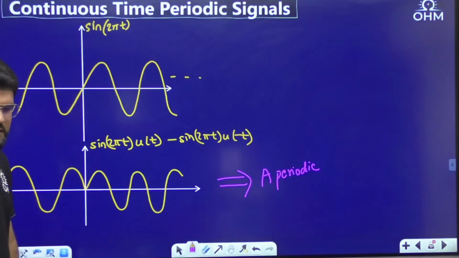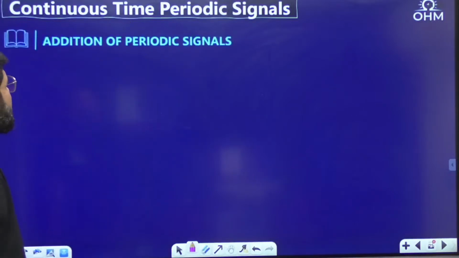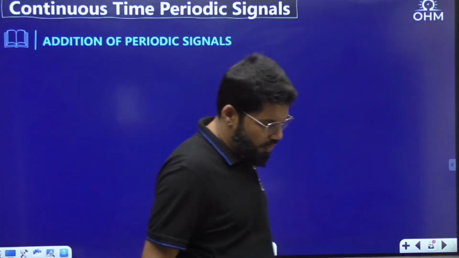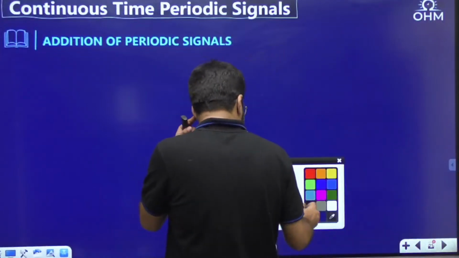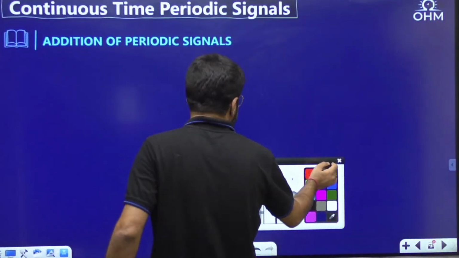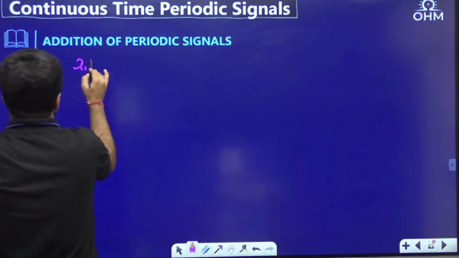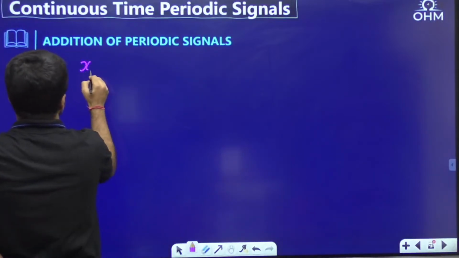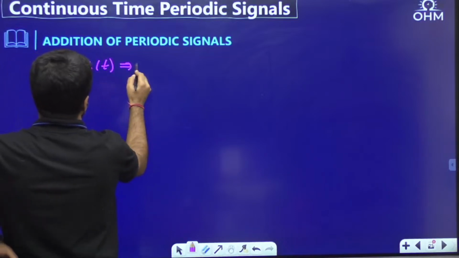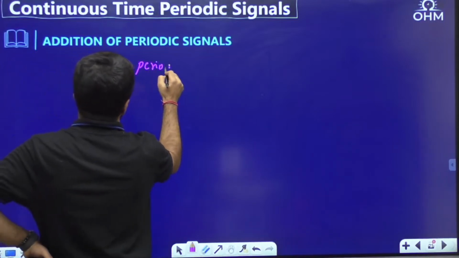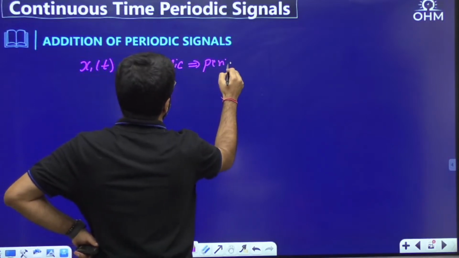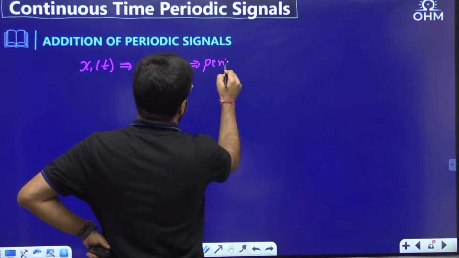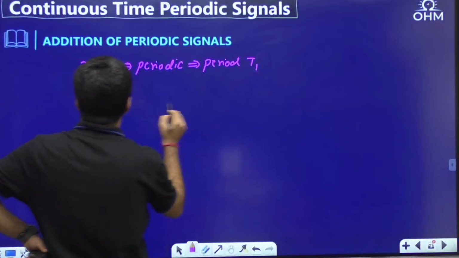If this is clear, let us move ahead to the next, a very important point. What about addition of periodic signals? When you add periodic signals, suppose I take a signal x1(t) which is periodic, and if it is periodic, it will have some period, and suppose the value of the period is T1.